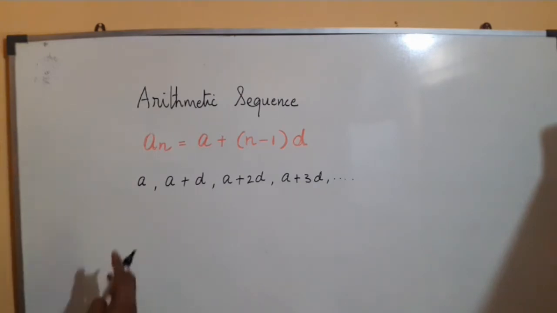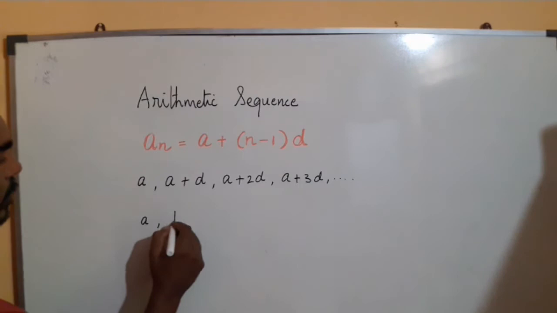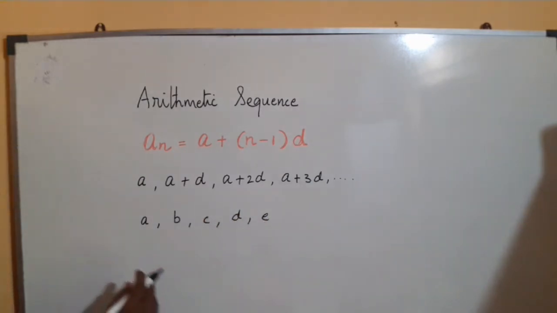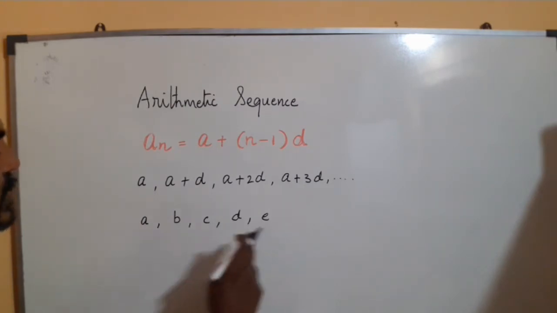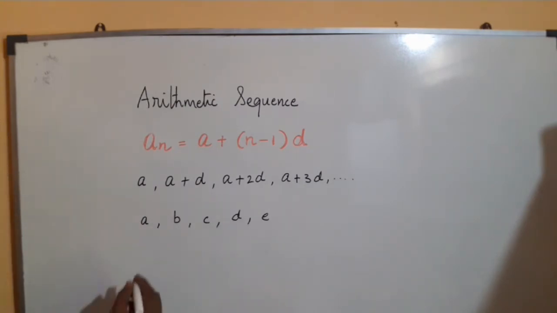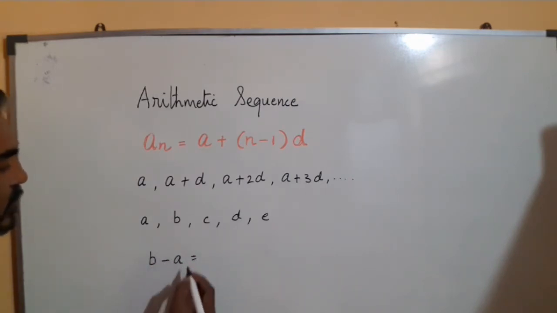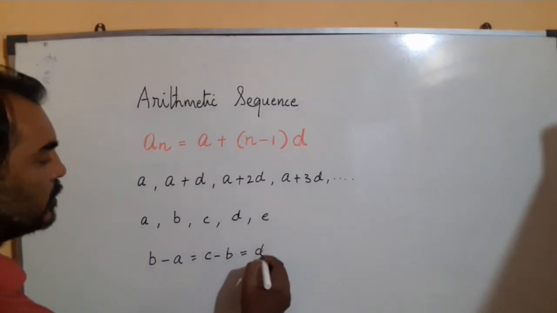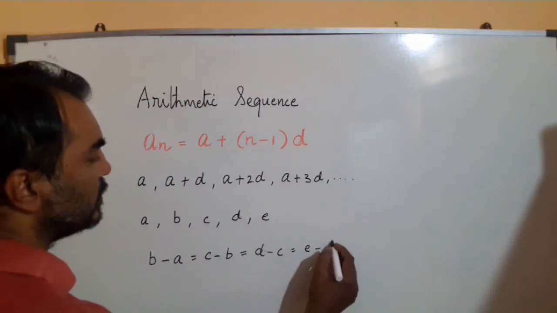For example, if I've got an arithmetic sequence denoted by a, b, c, d, e, where these are succeeding terms of a sequence, then we have b minus a equal to c minus b equal to d minus c equal to e minus d.